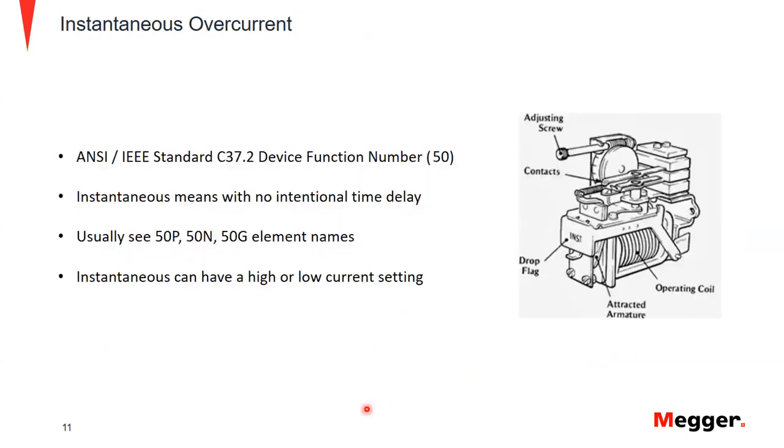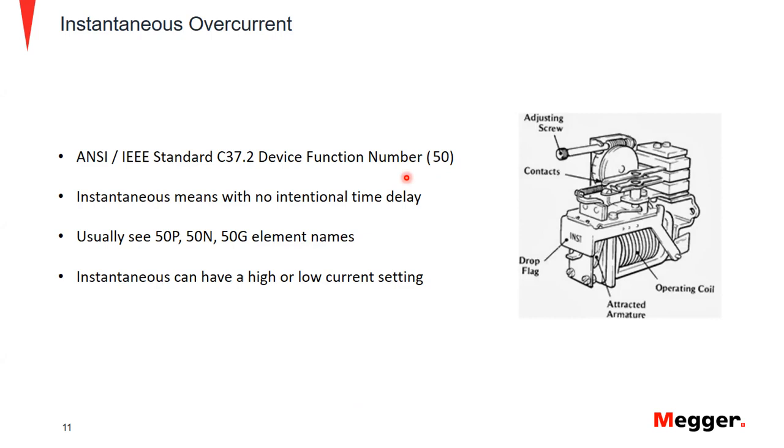ANSI and IEEE standard C37.2 is the device function numbers standard. The instantaneous level is a 50 element, and we'll go through each one, which will have its own IEEE number as well. Instantaneous again means no intentional time delay.